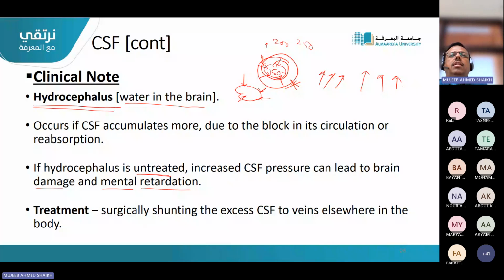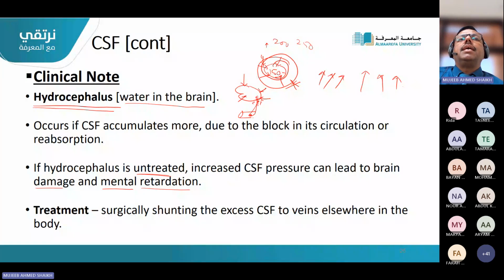After the birth, doctors will find out the cause why the increased amount of CSF is there. So suppose the fluid is forming here, CSF is forming here, and there are veins, the venous system is there. So what they will do, they will make a shunt. They will make a connection by surgical operation.